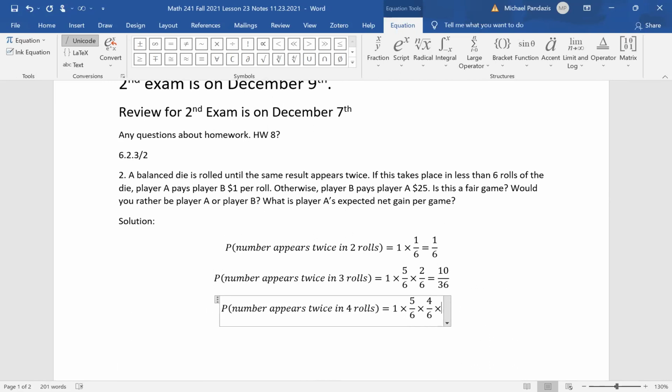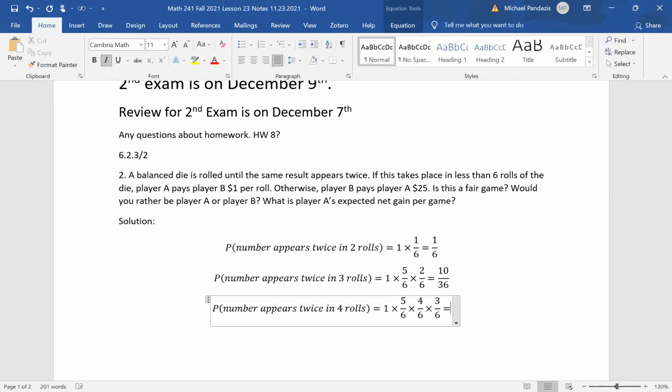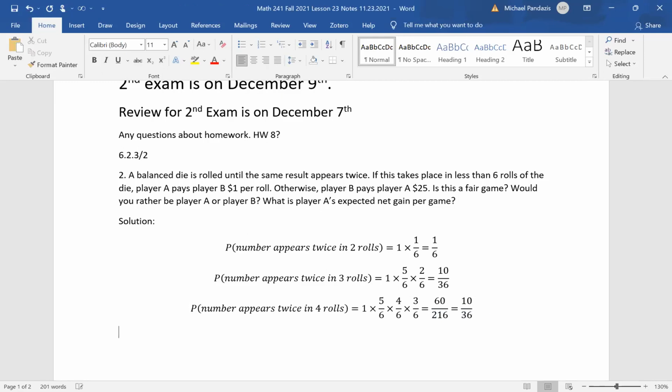And then the fourth roll has to be the same as one of the previous 3, so that's times 3/6. And so this is 60 divided by 6 cubed, which is 216. That's the same as 10 divided by 36, which is the same as 5/18.